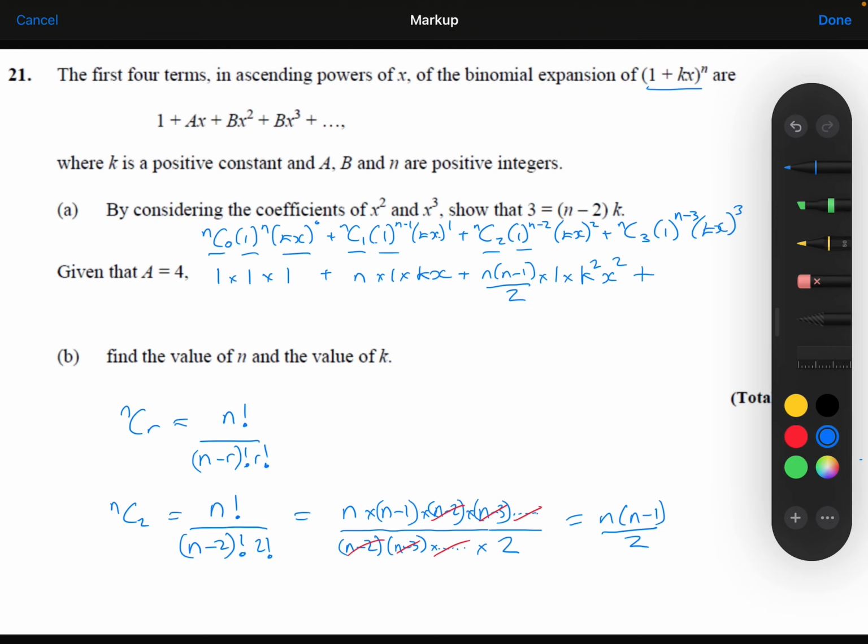We now have nC3. So again, let's use the nCr formula. nC3 is equal to n! over (n−3)! times 3!. n! is n times (n−1) times (n−2) times (n−3) and so on.